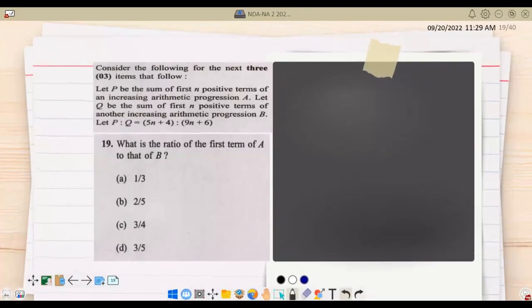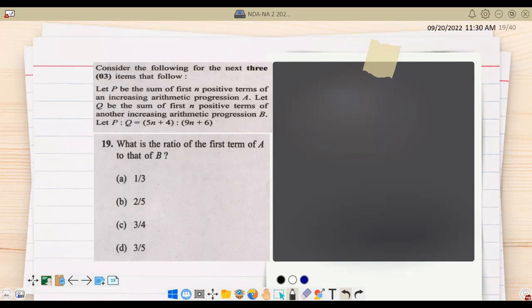Now we are going to see the 19th question. There is a direction. Let P be the sum of n positive terms of an increasing arithmetic progression A, and then let Q be the sum of first n positive terms of another increasing arithmetic progression B. The ratio of P to Q is 5n plus 4 to 9n plus 6.